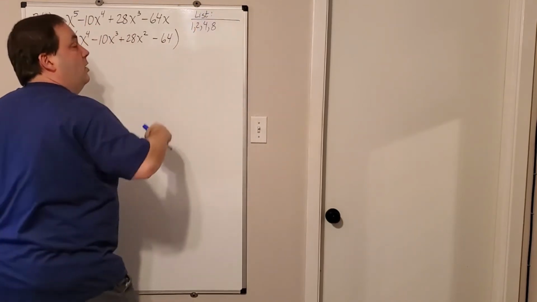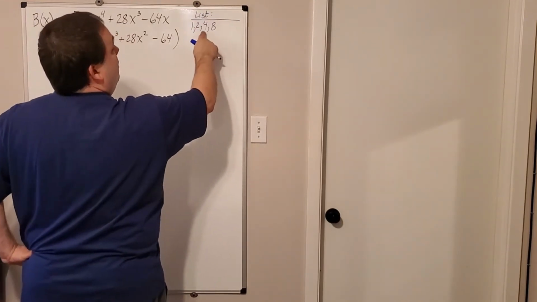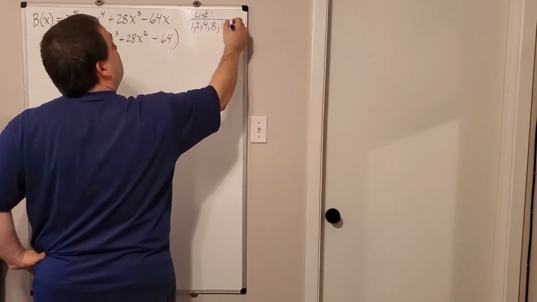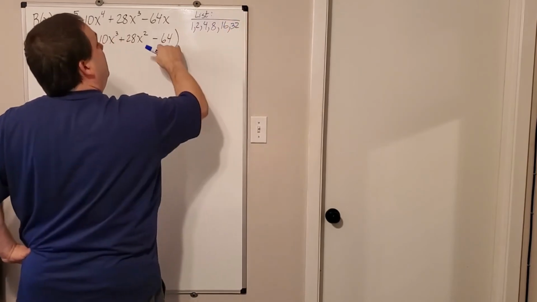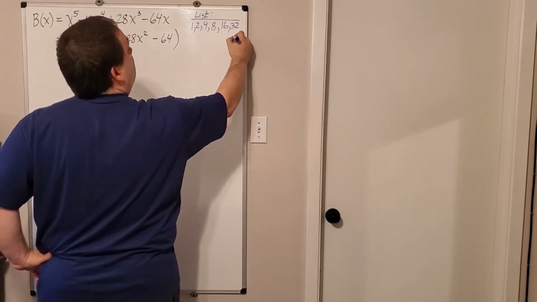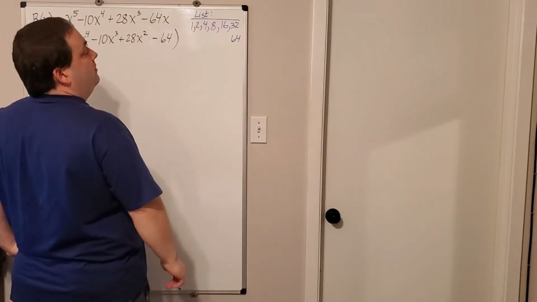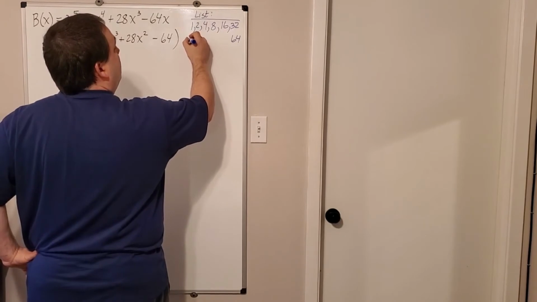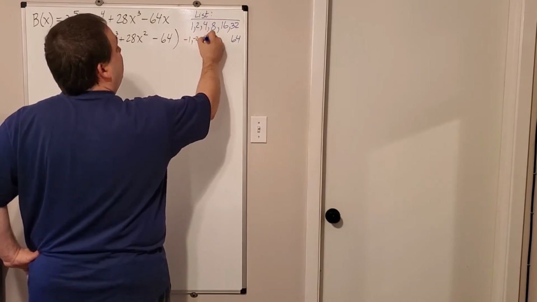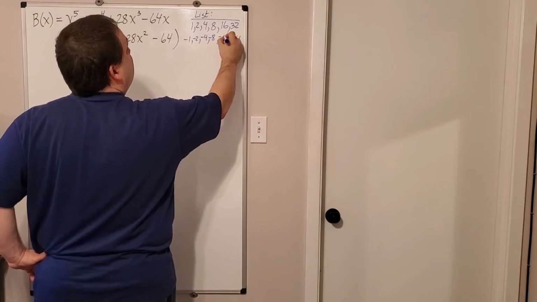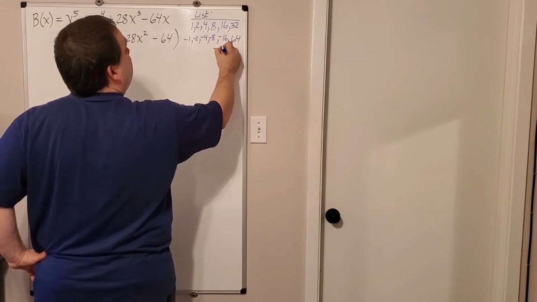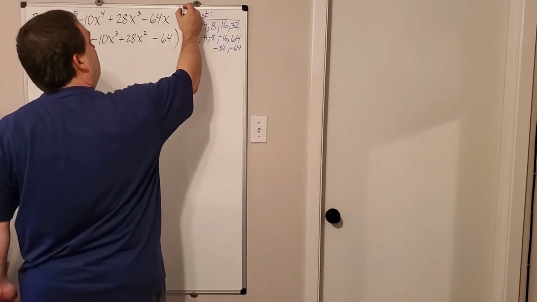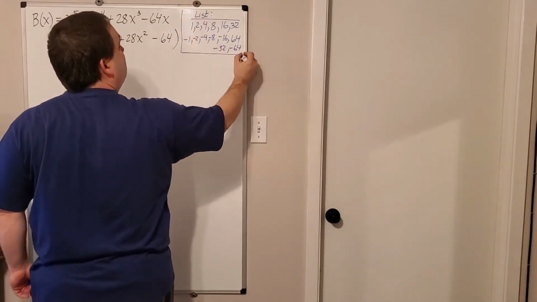I've kind of gone over that hump, so then I can start mirror imaging, right? 4 goes into 64 16 times, 2 goes into 64 32 times, and then of course 64 is its own factor. And then I need the negatives, right? So I'll have -1, -2, -4, -8, -16, -32, -64. Right? So I've got my whole list here now of guesses.